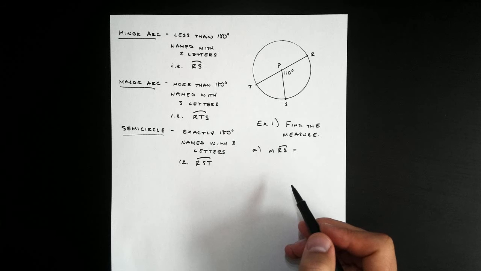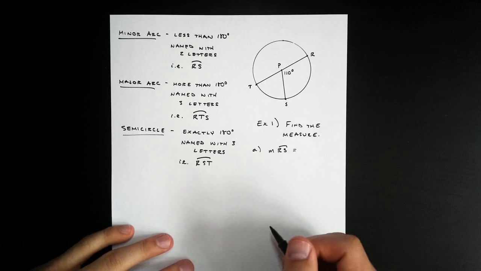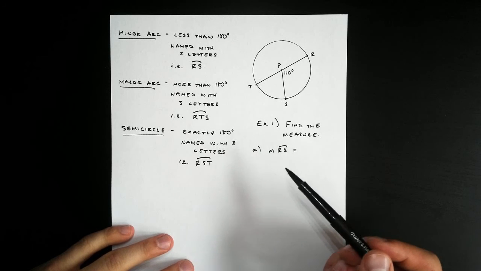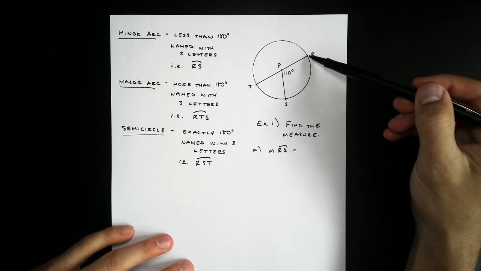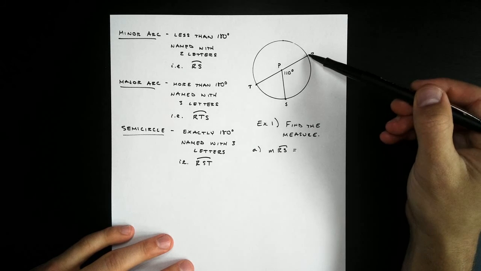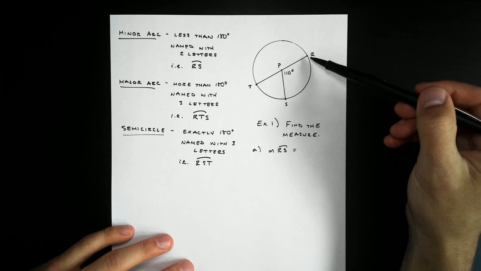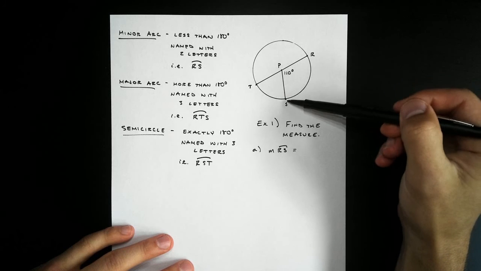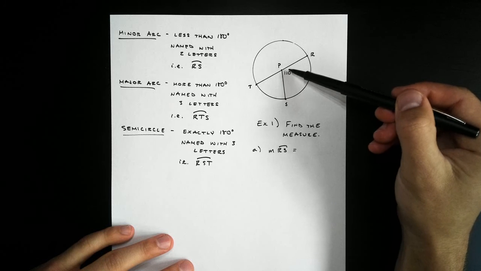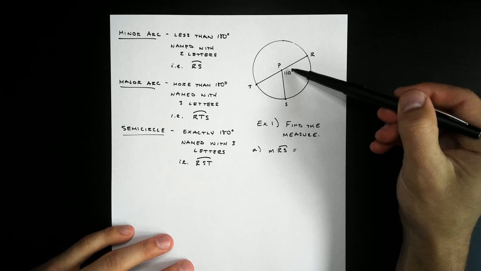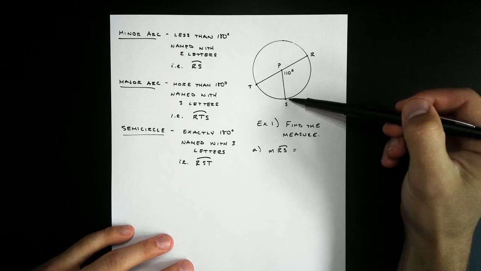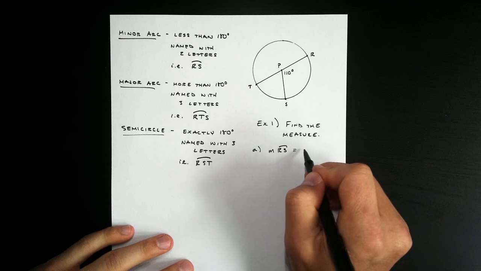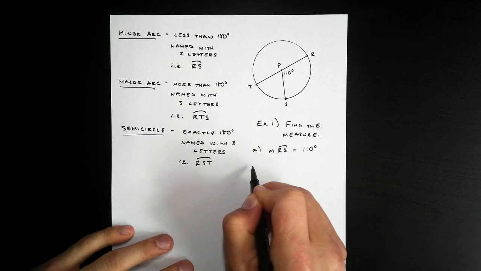And then the way that we define this, the arc measure is the same as the measure of the central angle that is intercepted by the arc. So if I'm looking at arc RS, that arc is going between the angle from RPS. So angle P in the middle, this is our central angle. It has a measure of 110 degrees, which means that RS, the arc, has that same measure. So this is also 110.